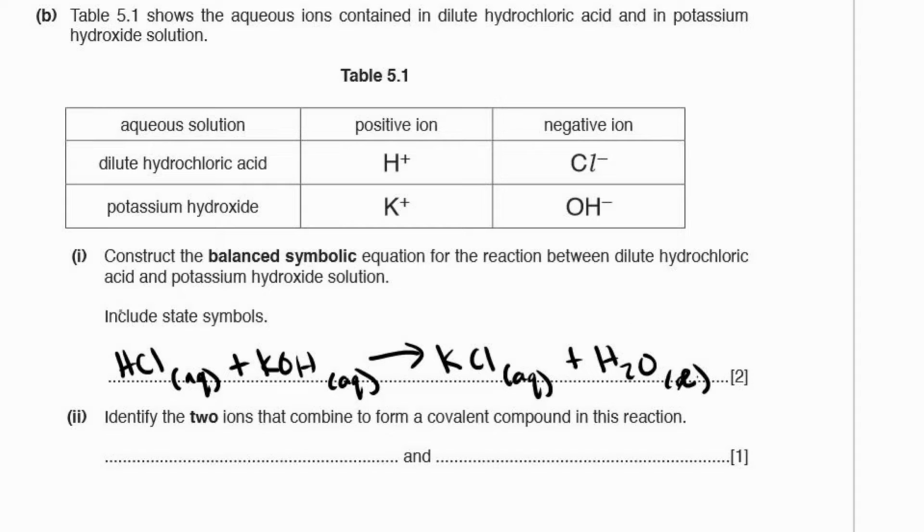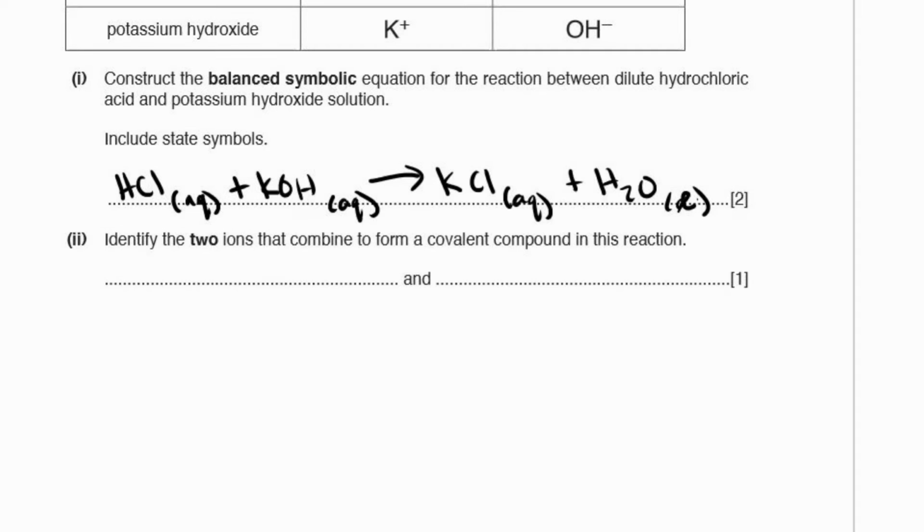So it starts out with hydrochloric acid plus potassium hydroxide, so acid plus alkali. We have our salt, which is potassium chloride, and water. There we go, that's our neutralization reaction.